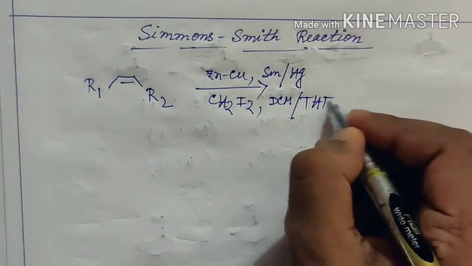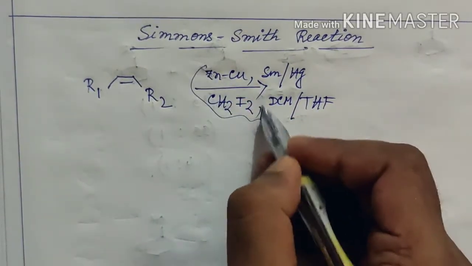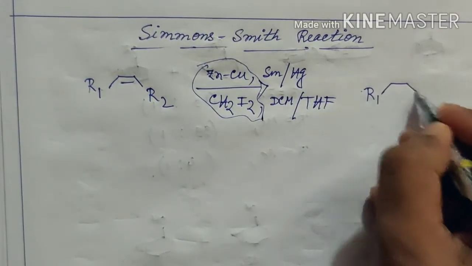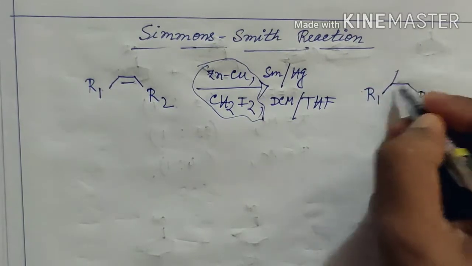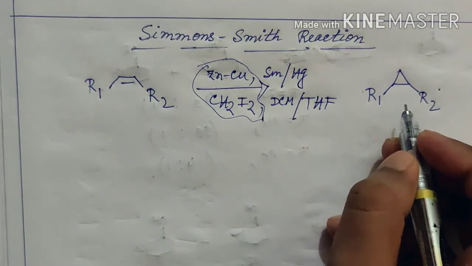If this olefin is reacted with such species, then there is a formation of a cyclopropane ring. This reaction is known as the Simmons-Smith reaction.